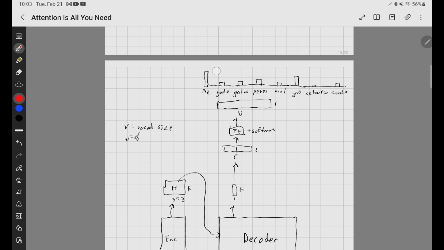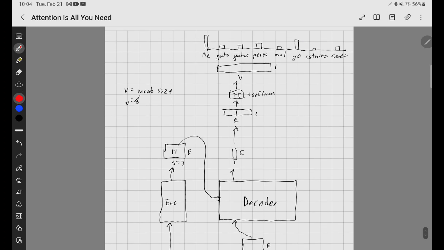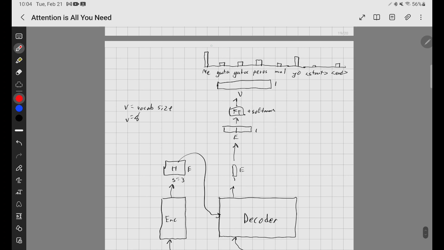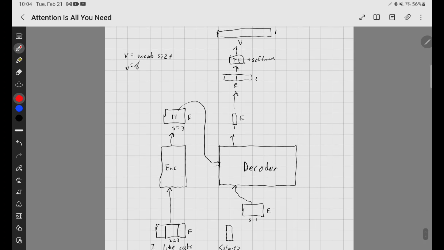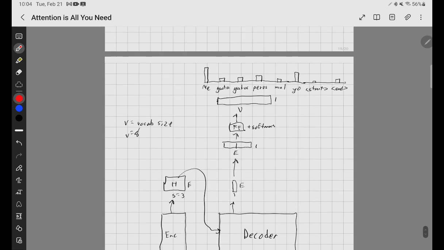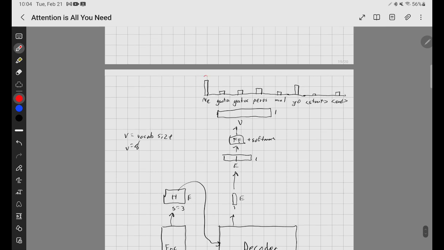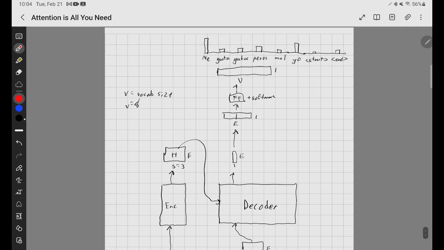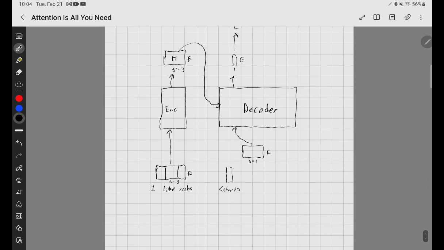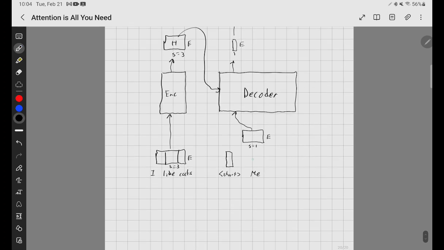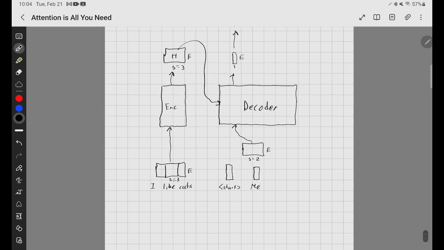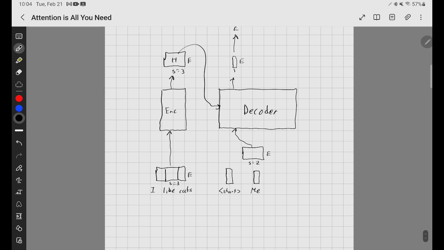So the words me and yo are pretty likely, and we sample the distribution, and we get the word me. And then you add that to the input sequence, which is a new vector, so that now our sequence is 2 by E, and you repeat the cycle again.